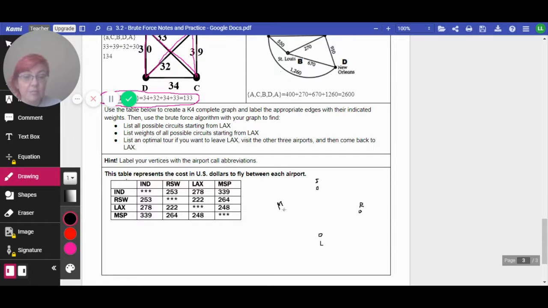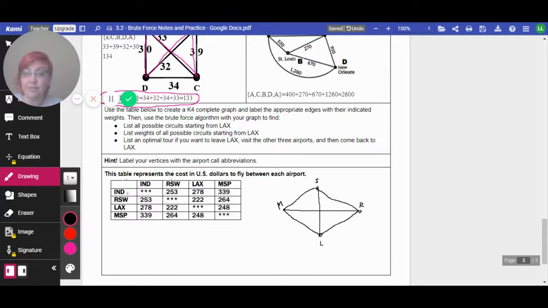Now this is a K4 complete graph, so every single vertex must connect to every other vertex, which makes sense. If we're talking about airports and flying, I'm sure that I could fly from any one of these airports to any other airport directly. Now I need to fill in the weights.